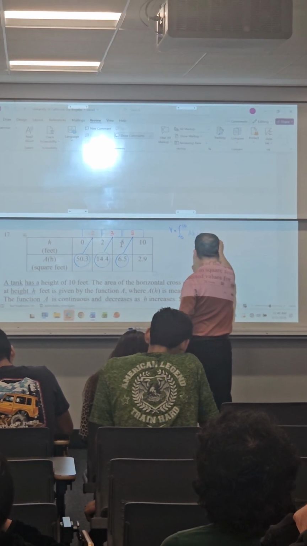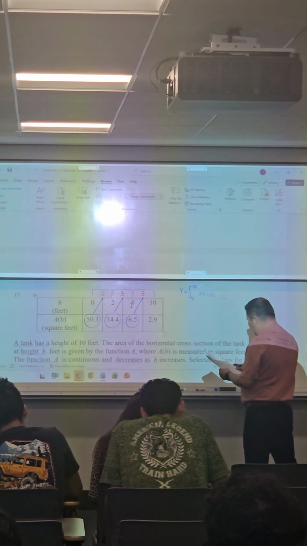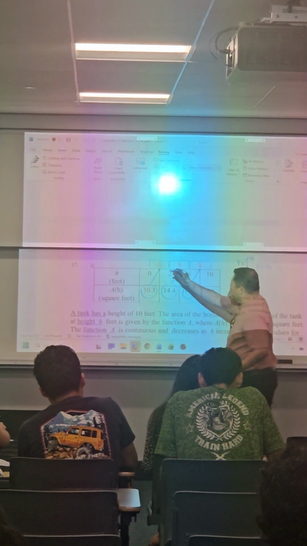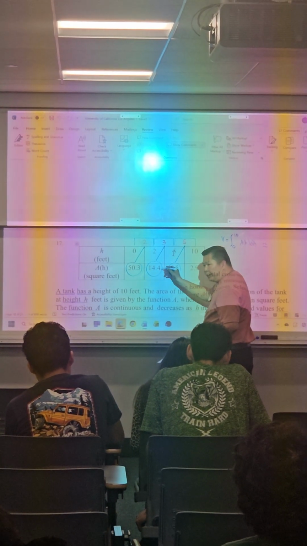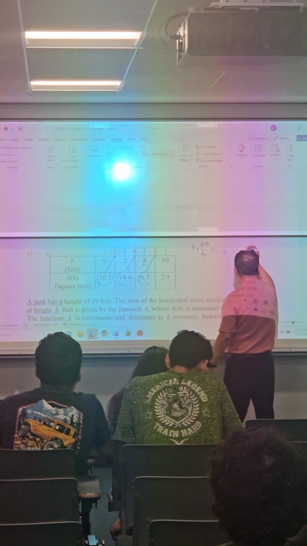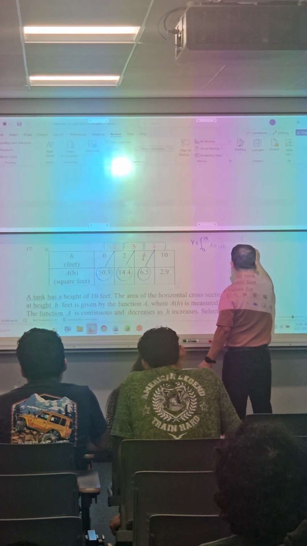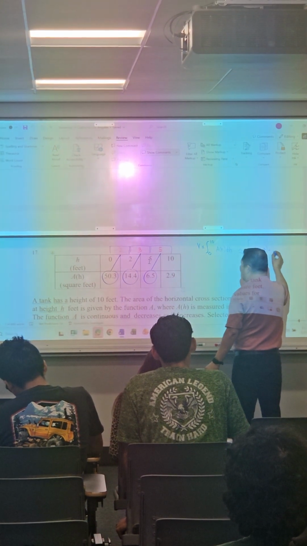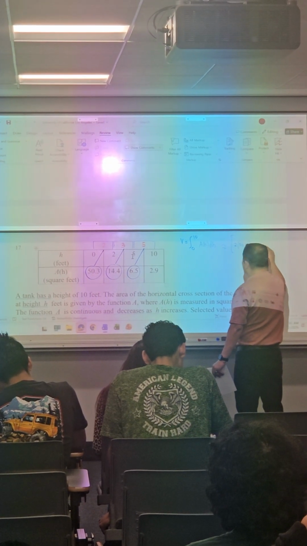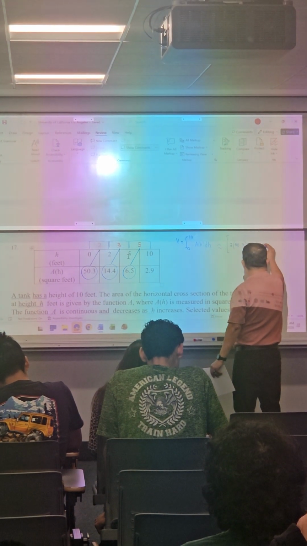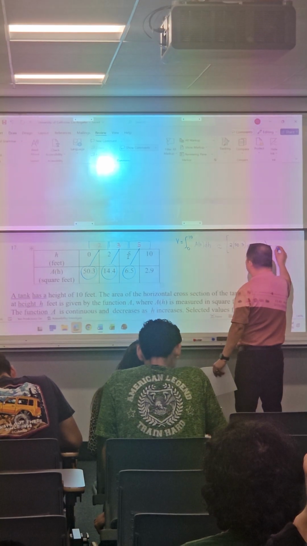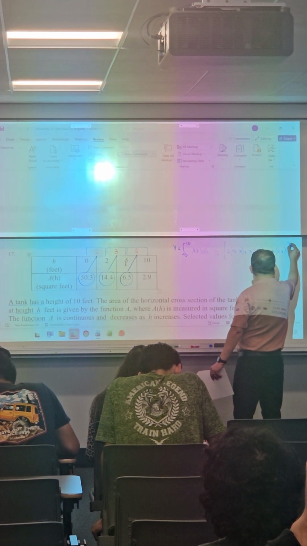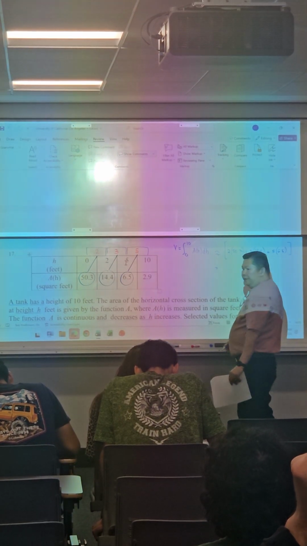Okay, so which means take the product, take the product, take the product. So this implies 2 times 50.3 plus 3 times 14.4 plus 5 times 6.5. And then continue.